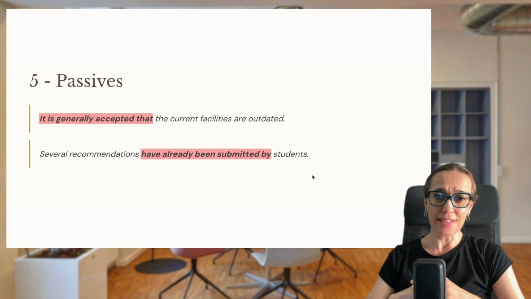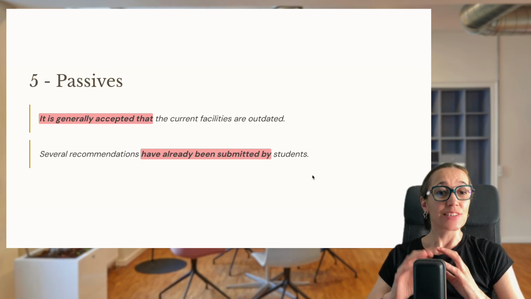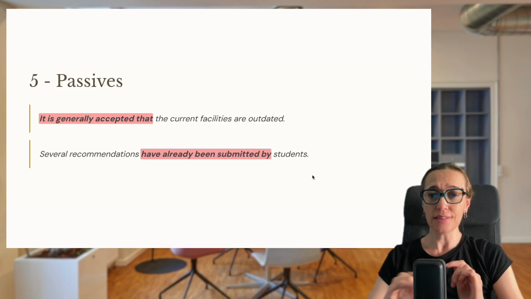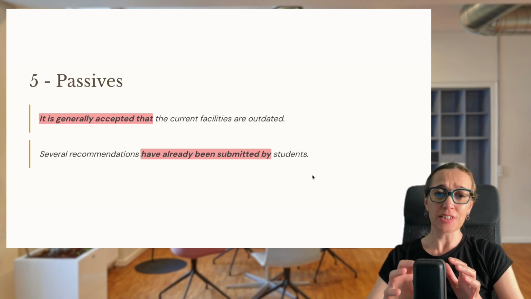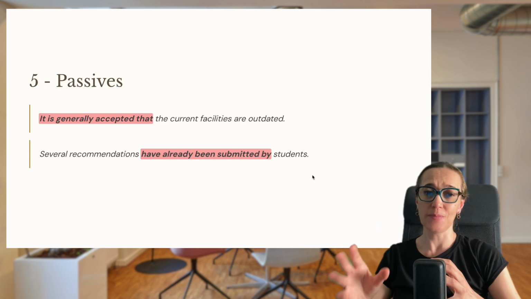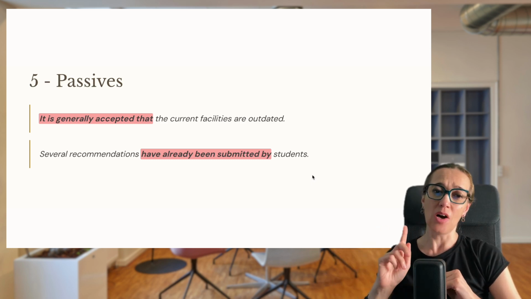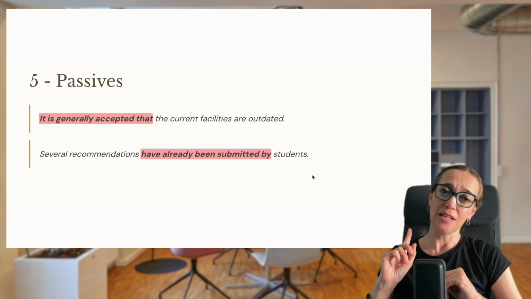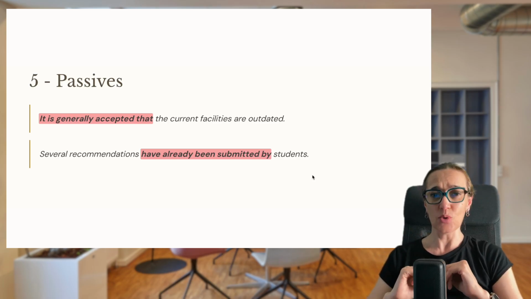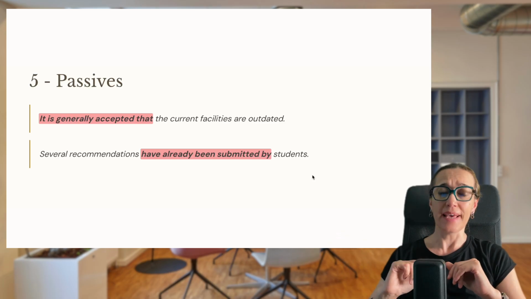Here are the examples. It is generally accepted that the current facilities are outdated, or several recommendations have already been submitted by students. So keep an eye on passives and use them. They must be in your formal essays.